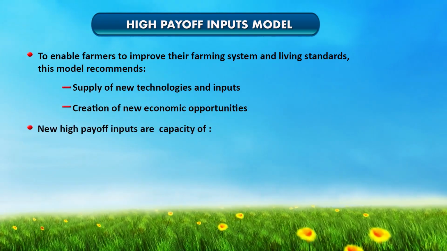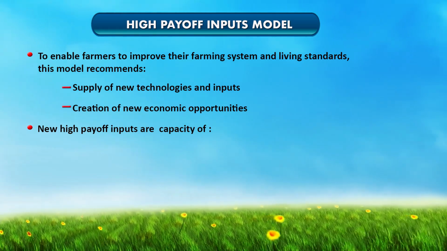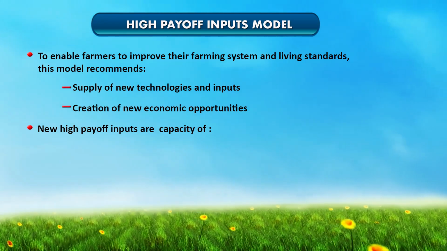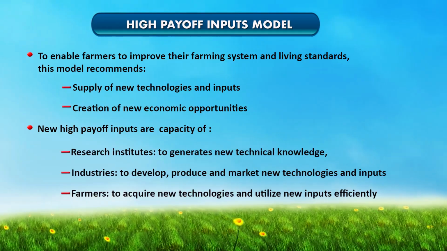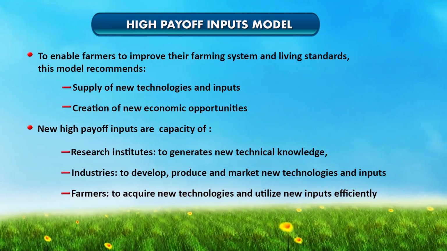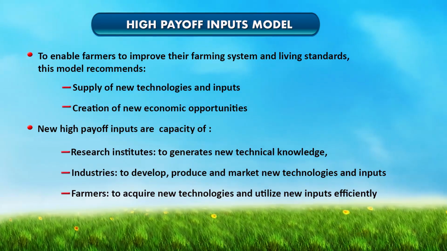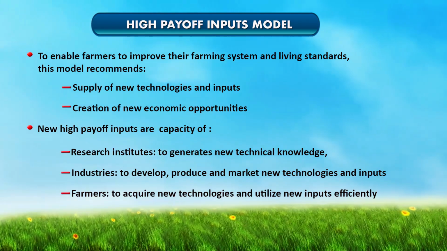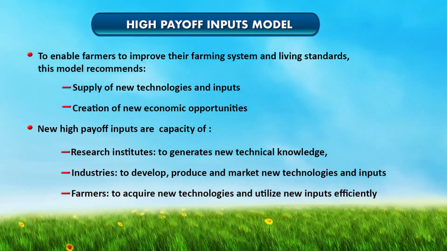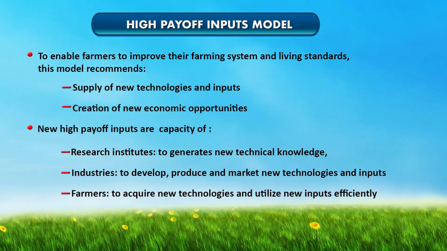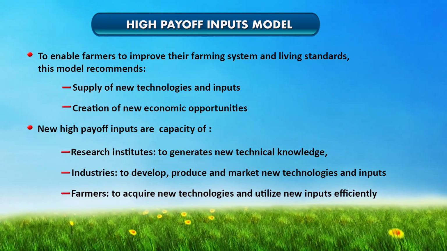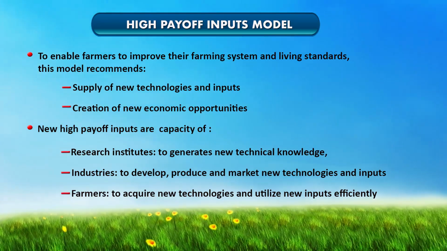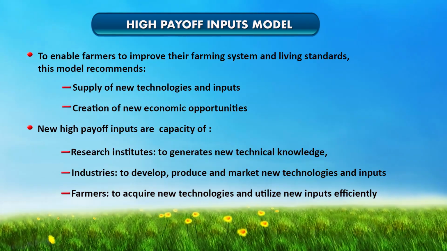This model defines the high payoff inputs as the capacity of research institutes to generate new technical knowledge, or the capacity of industry to develop, produce and market new technologies and inputs. And it also says the high payoff input is the capacity of farmers to acquire new technologies or utilize new inputs efficiently.